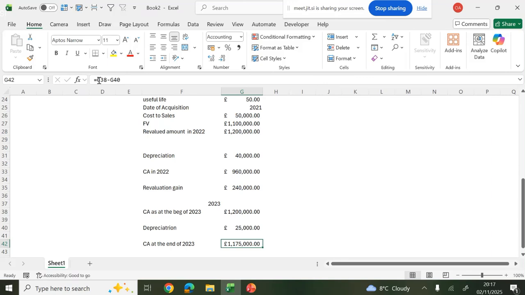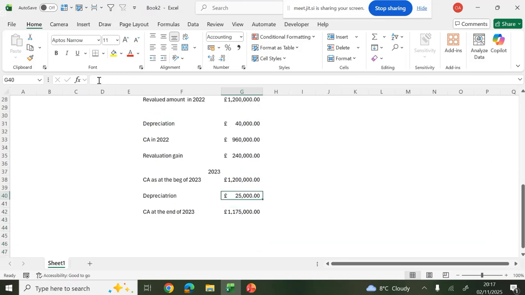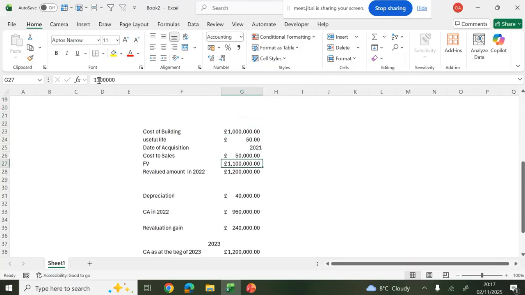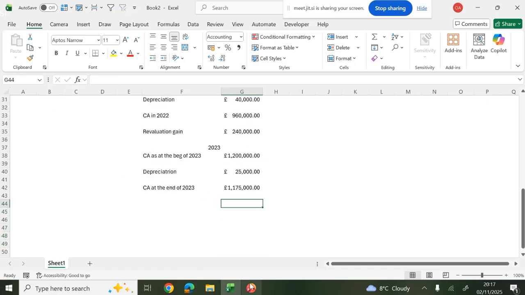Yes. So, what is our fair value? It is 1.1 million. That's our fair value. And the carrying amount is how much? 1.75 million.